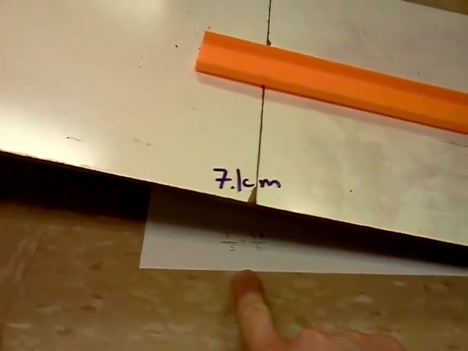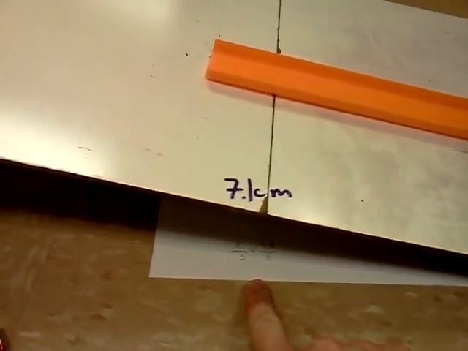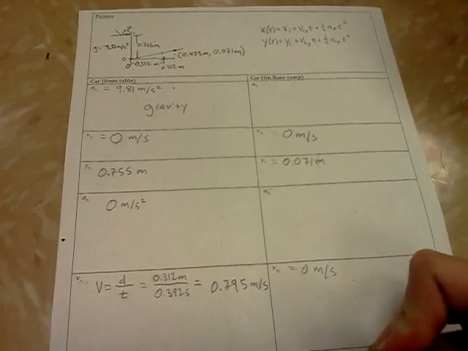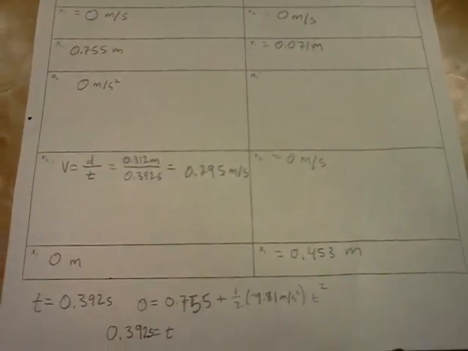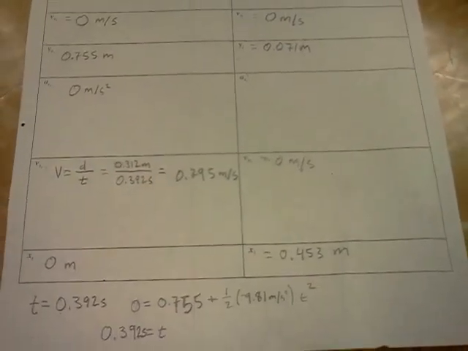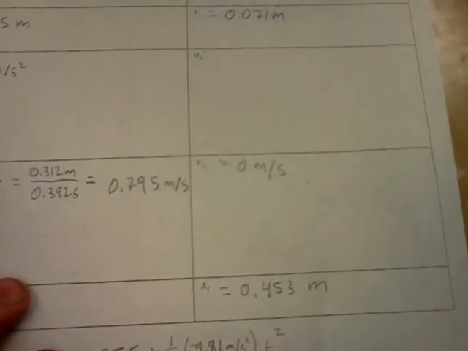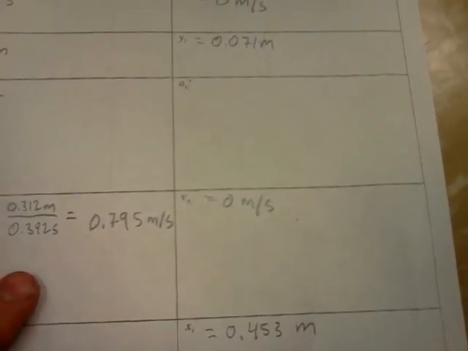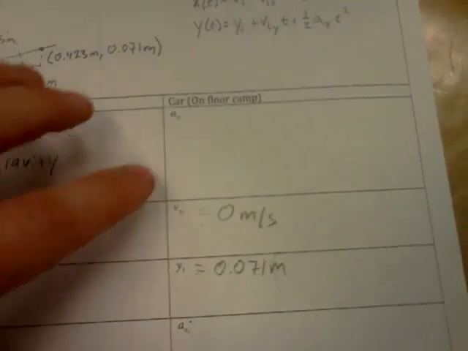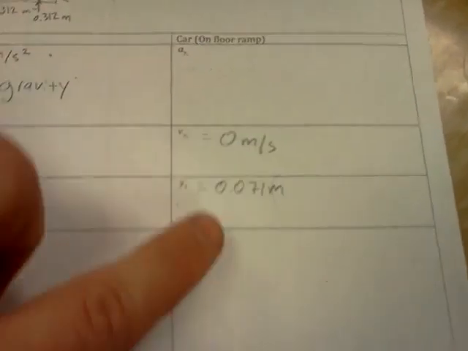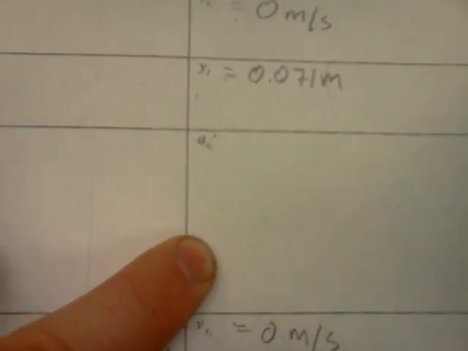And that distance for my setup is 0.453 meters, or 45.3 centimeters. Okay. So now I've written down everything that I can measure. Now what I have to do is calculate my acceleration in the y direction and my acceleration in the x direction.